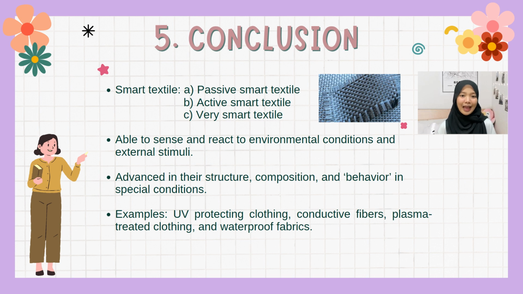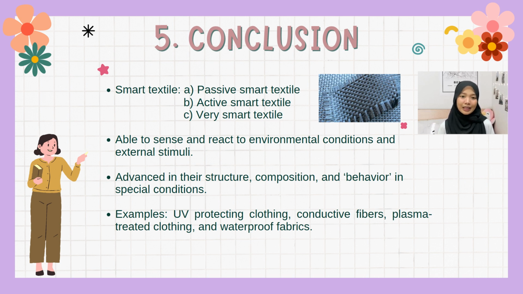Smart textile has three types. The first is classic smart textile, which is sensual and can only sense the environment. The second is active smart textile, which can sense stimuli from the environment and react to them. And the last is very smart textile, which is able to adapt its behavior to the circumstance.